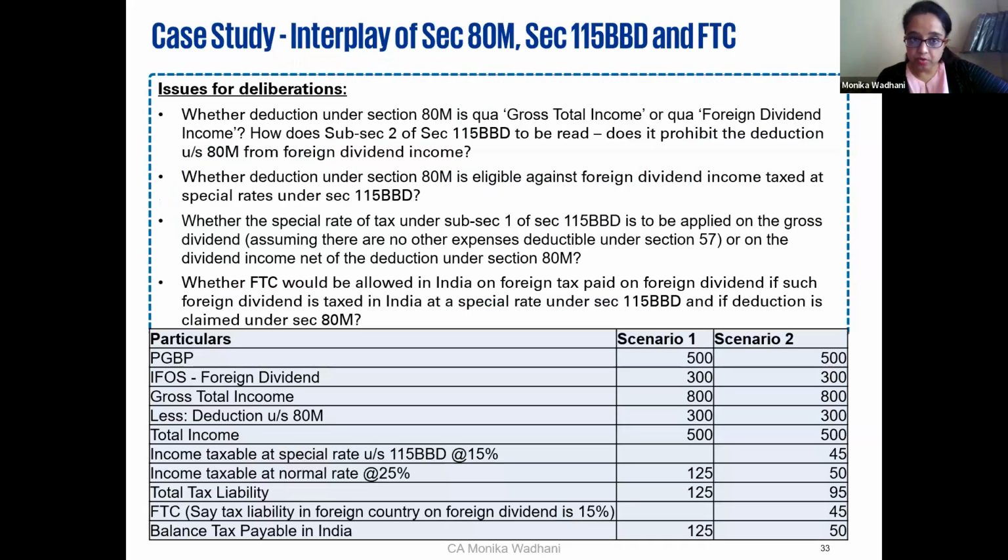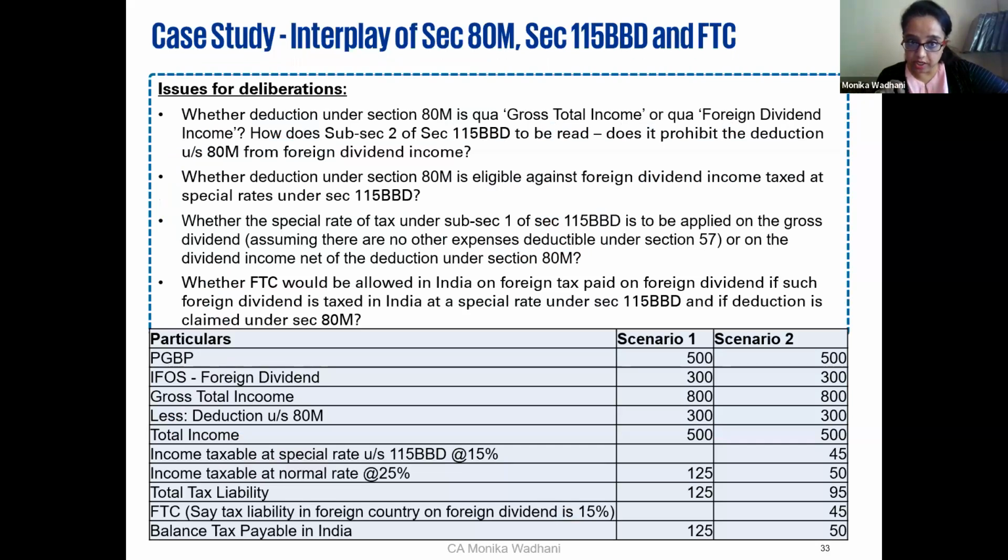The question before us in this case study is whether the deduction under 80M is qua gross total income or whether it is qua foreign dividend income. How does subsection 2 of 115BBD have to be read? Does it prohibit the deduction under 80M from foreign dividend income?